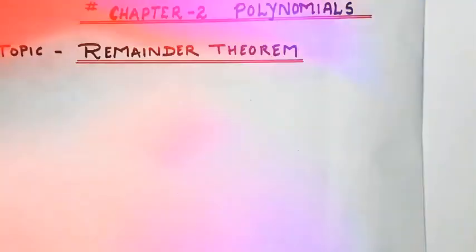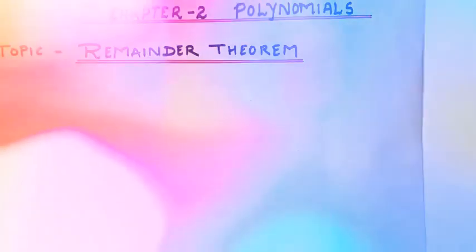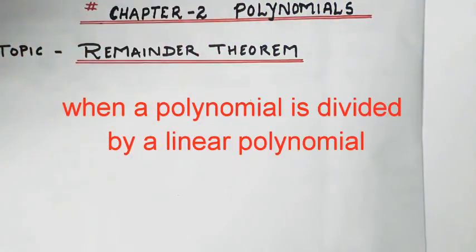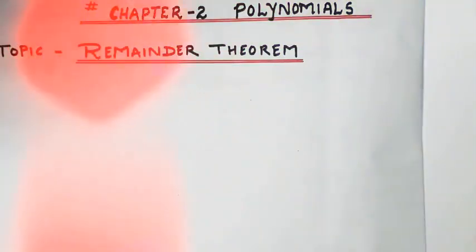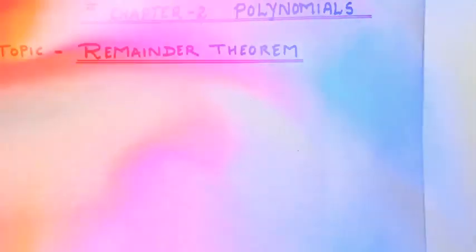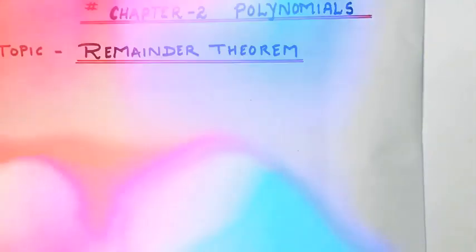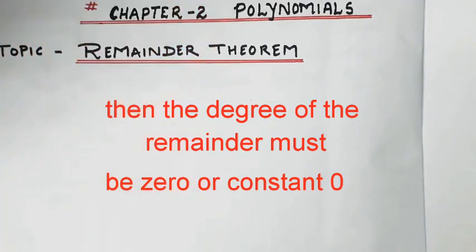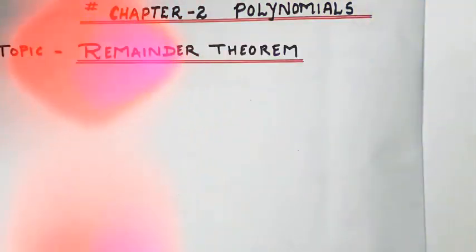It follows from the fact that when a polynomial p(x) is divided by a linear polynomial, the degree of the remainder must be 0. That is, it must be a constant, which may also be 0.